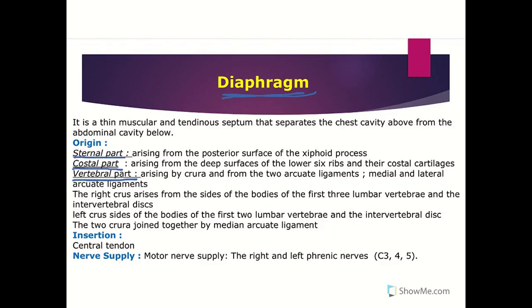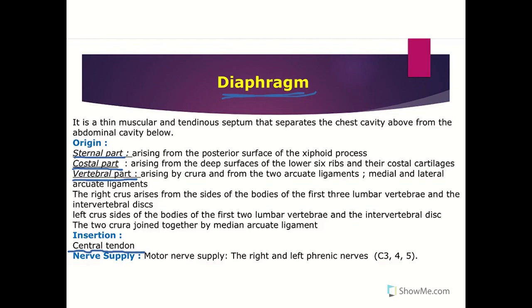We have sternal part, costal part, and vertebral part. And all these different parts are inserted in something called central tendon. Central tendon is the insertion of the diaphragm, as we will see in the next slide.